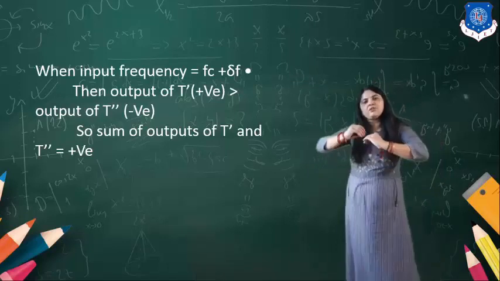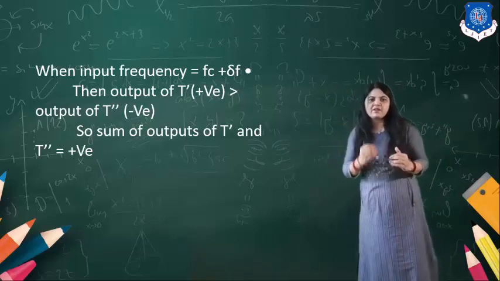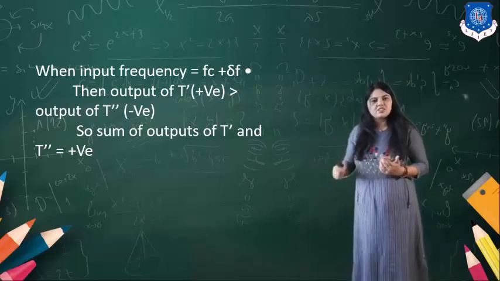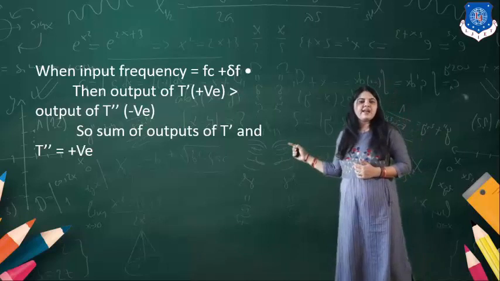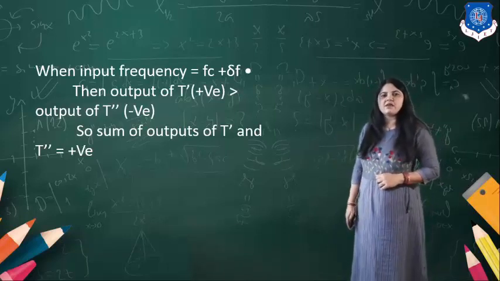The output of the upper end, T dash, is positive, and the output of the lower end, T double dash, is negative, so the sum of T dash and T double dash is positive.